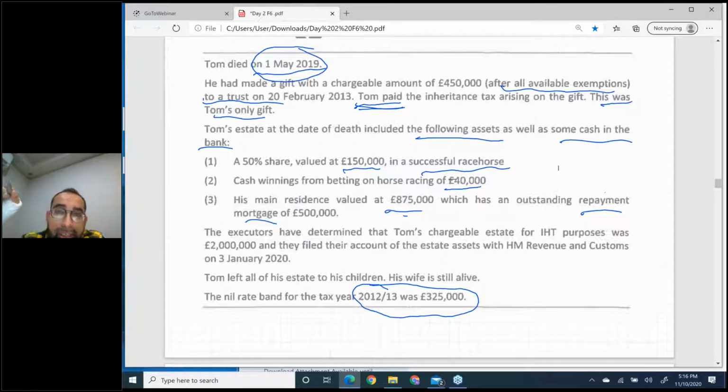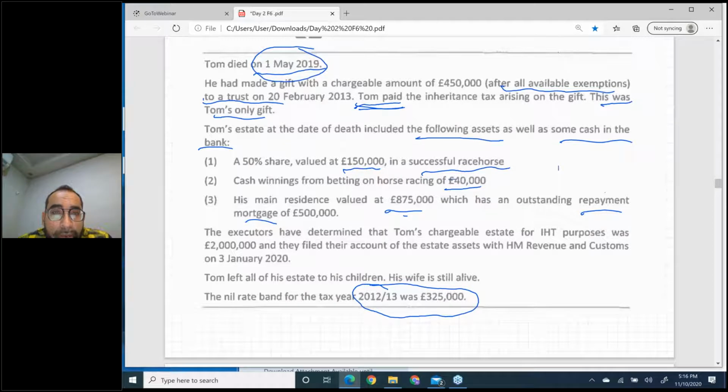Normal mortgage is always allowed. So how do we calculate this final part? 875,000 less 500,000 is going to be 375,000, right? So these three numbers will be added in the death estate: 150,000, 40,000, and 875,000 minus 500,000, that is 375,000.